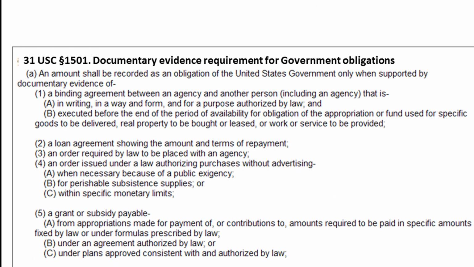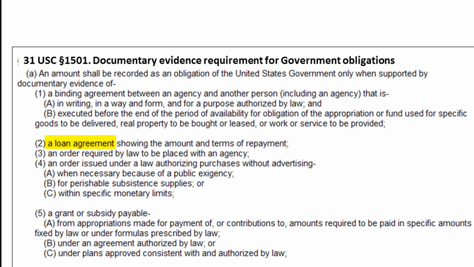To record an obligation, an agency must have documentary evidence of a binding agreement, like a contract. Note that this agreement has to be for a purpose authorized by law and executed before the end of the period of availability for obligation.